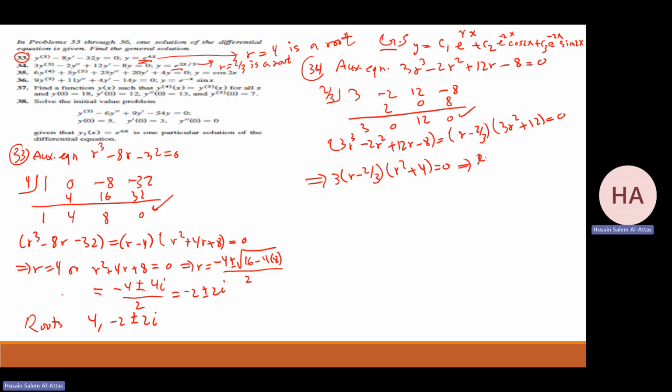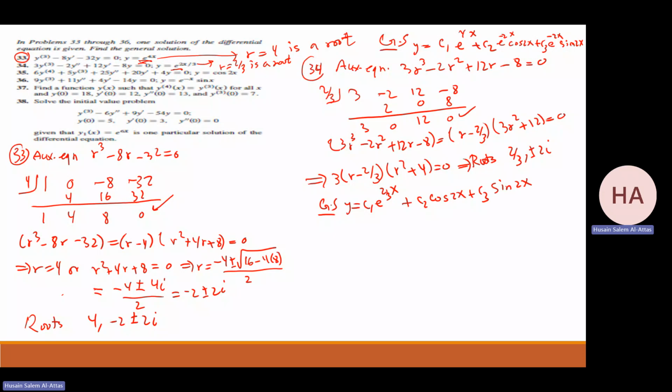So I have the roots 2 over 3 and plus or minus 2i. General solution: y equals c1 e to the 2 over 3 x plus c2 cosine 2x plus c3 sine 2x. Yes.